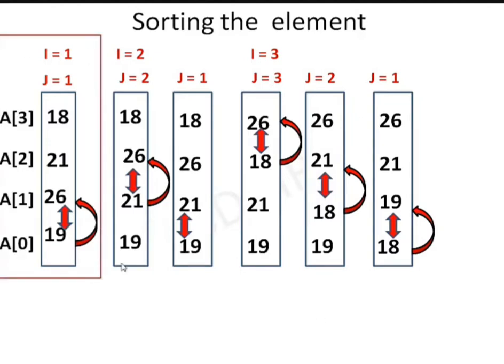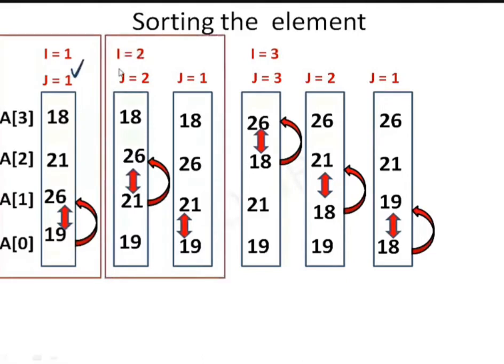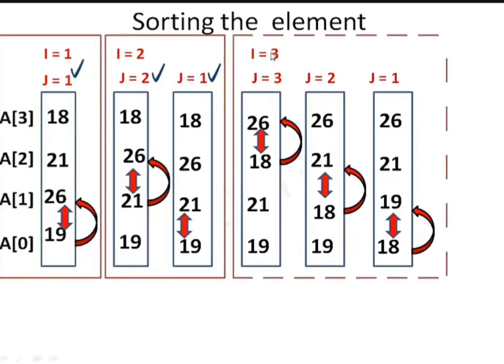See, when i is equal to 1, there will be one comparison. When i is equal to 2, there will be two comparisons. So j starts from 2, it can go up to 1. When i is equal to 3, there will be 3 comparisons. j starts from 3, it can go up to 1.